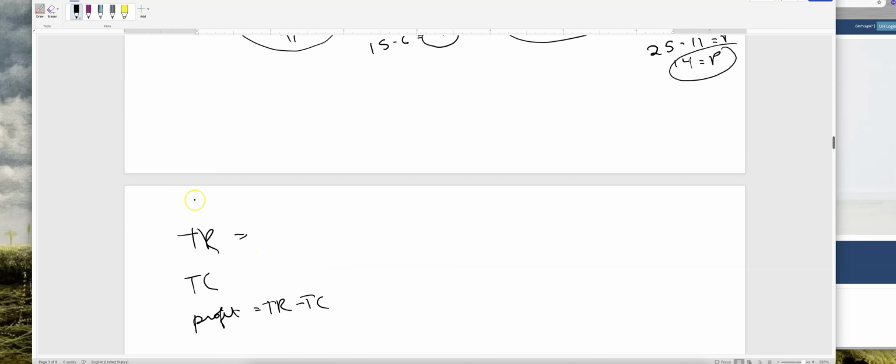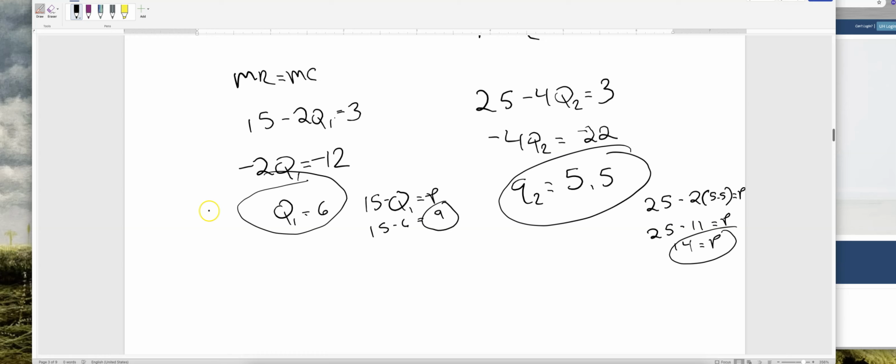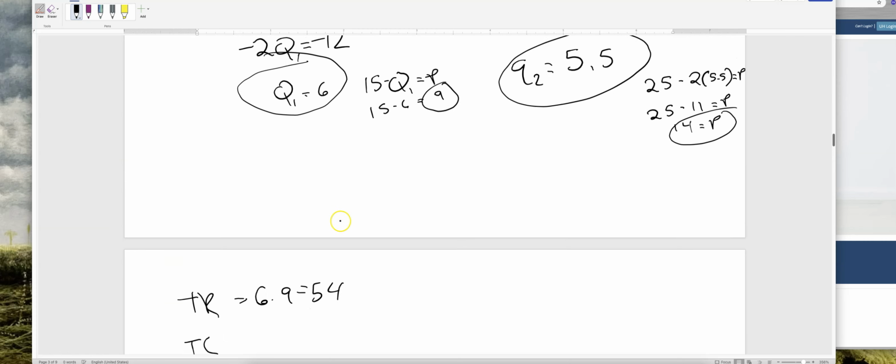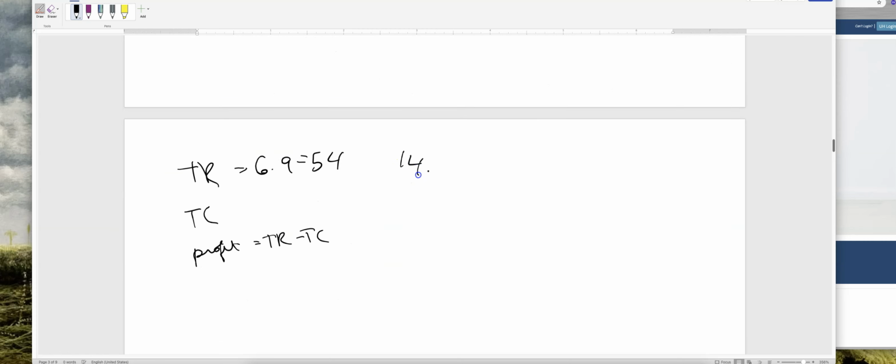Well, in each of these markets, right, we're just going to take the 6 times the 9. And the total costs.